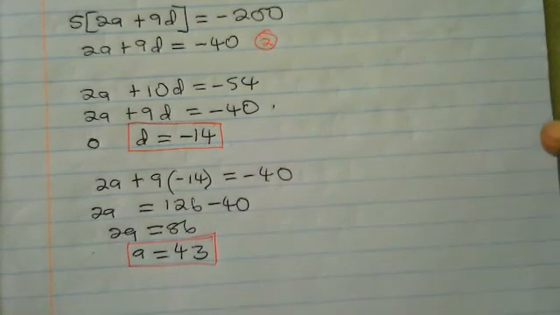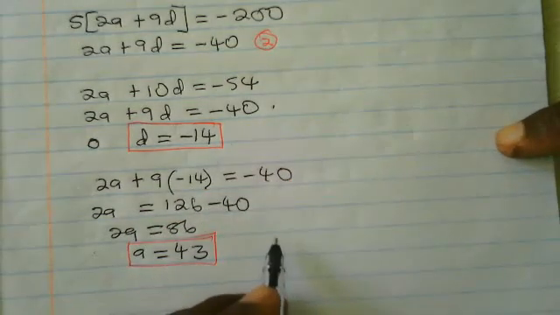The question was asking us to determine the series, so to determine the series we just have to have a, then we determine the second term, and then we determine the third term making use of d.